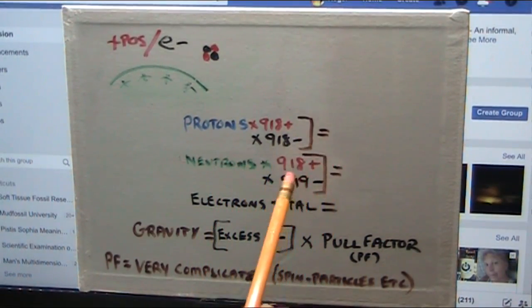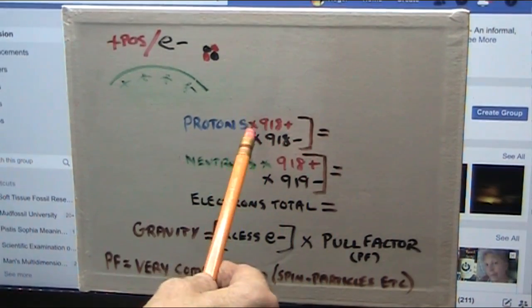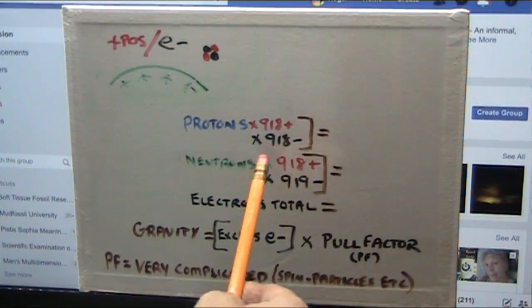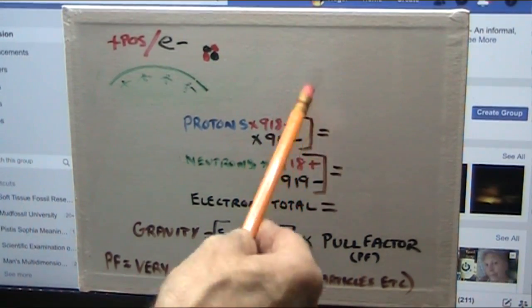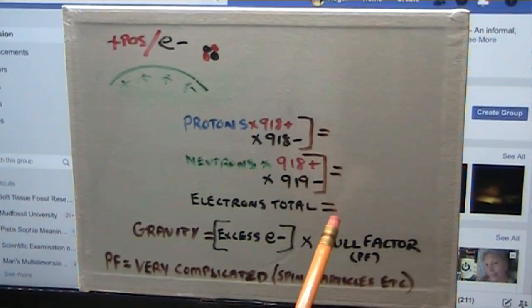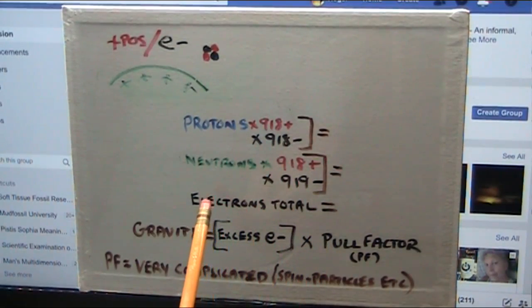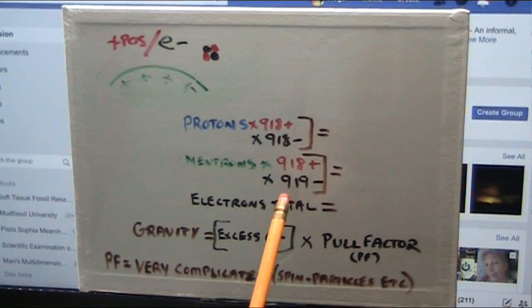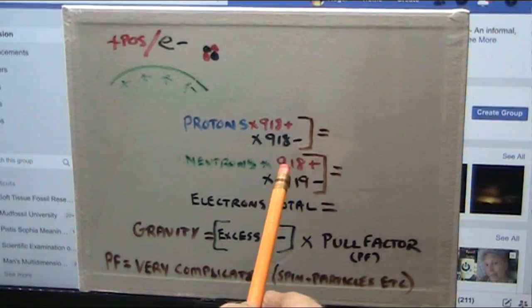And then in hydrogen, it's just a smidge. It has 1 extra electron, so you always have more negatives in the core than positives, so it's always net negative. So you're always going to end up with extra electrons. First of all, the total of the ones that are in the orbitals, you add that to the excess electrons here.